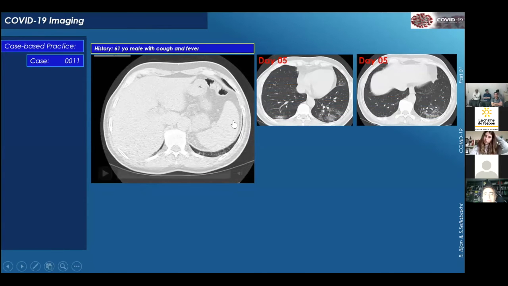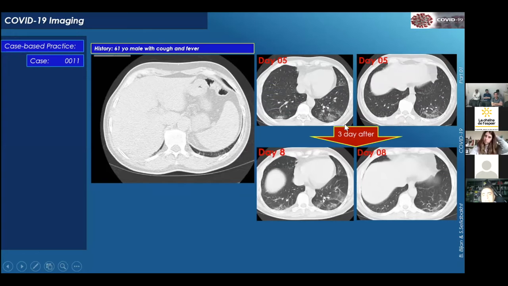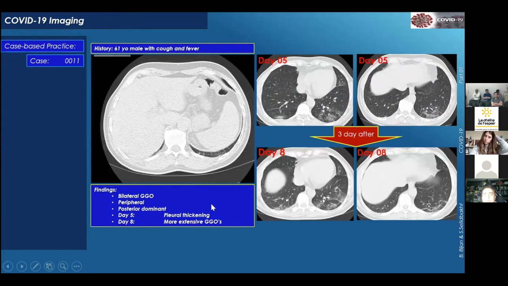Okay, now that you have looked at it, let me just show you. This was at day 5 of the disease, and after 3 days, this is at day 8 of the disease. These are the changes. So how do you want to report it?